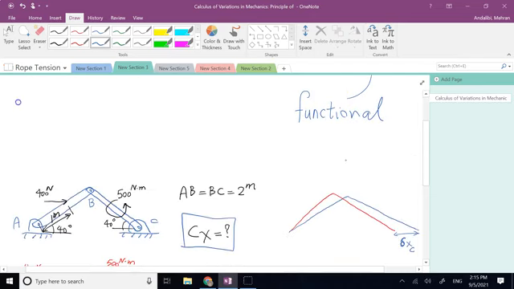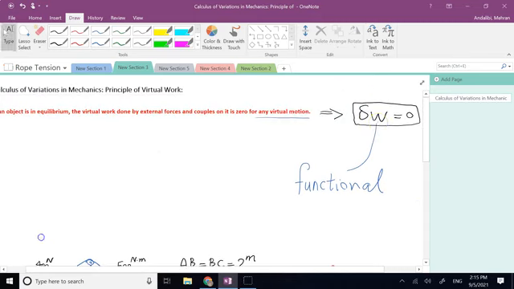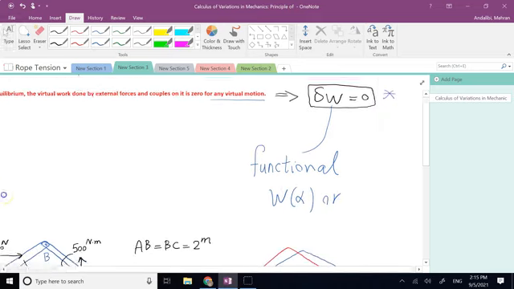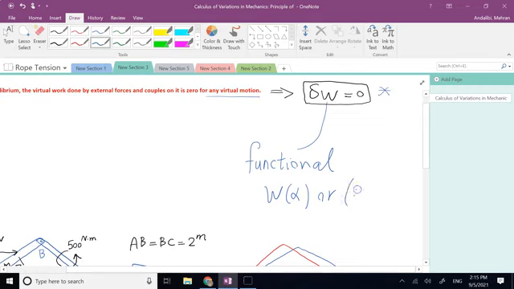It is a functional of basically the displacement of point C, or you can say it is a functional of this angle alpha that each one of these members is making with the horizontal axis. Okay, so based on that alpha, or based on delta x of C, this W is a function of alpha, or as I said, it is a function of x of C.